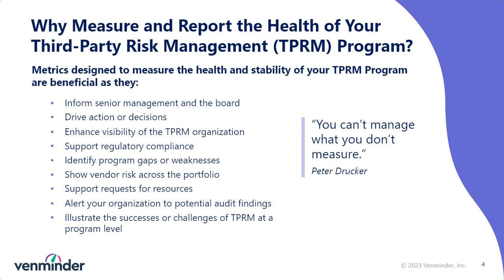They also help support regulatory compliance, identify gaps or weaknesses in your program, and they can be used to show vendor risk across the whole portfolio of vendors. They can be used for other things like supporting requests for extra resources or alerting your organization to potential findings. And they can also be used to illustrate the successes or challenges that your program is having at any given time.